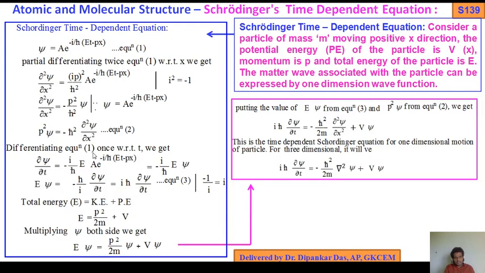We get del psi by del t equals minus i by h bar into E, because t is associated with E, into A into e to the power minus i by h bar (Et minus px). Again, del psi by del t equals minus i by h bar into E into A e to the power minus i by h bar (Et minus px).